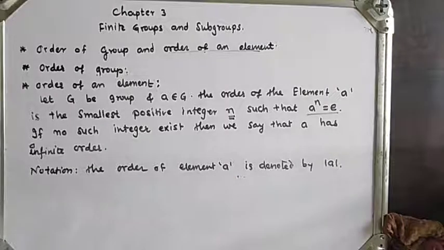Also note that the order of the identity element is 1, because it has only one element, which is the identity.